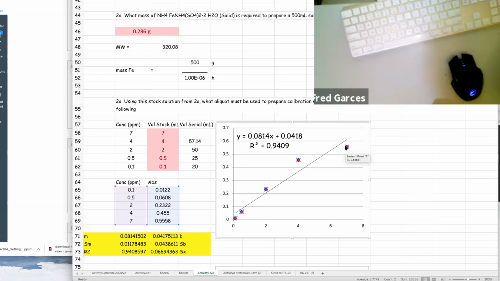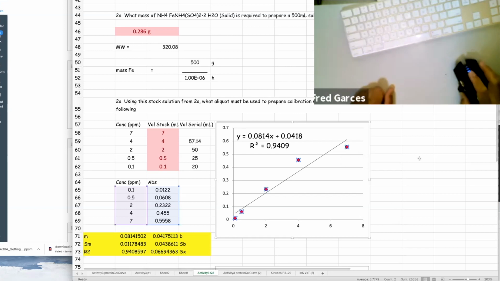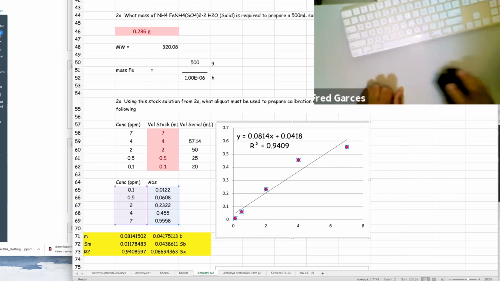If you're getting zeros for all those values, the question I have is, what version of Excel are you using? Are you using Microsoft 365, or are you using Microsoft something?